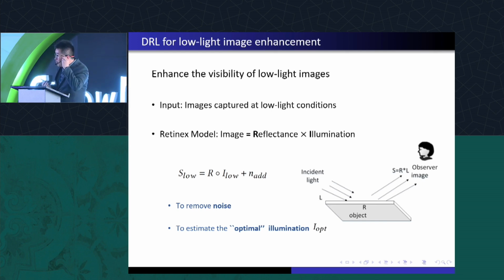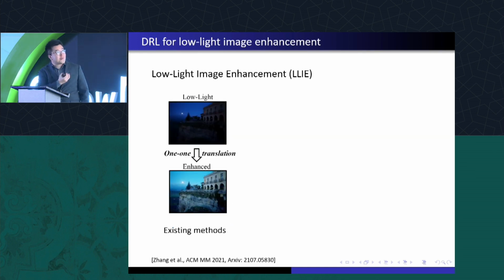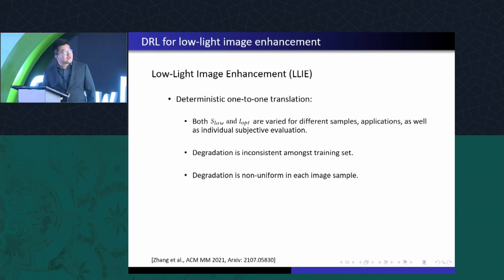Unlike denoising, where there's a clear definition of underlying clean images, the so-called optimal illumination is really subjective. Most of the low light enhancement methods try to learn the one-to-one translation from the low light images to some enhanced or normal light images, by using some networks or maybe some conventional signal processing methods. But in fact, we think this deterministic one-to-one translation has some limitations in practice.